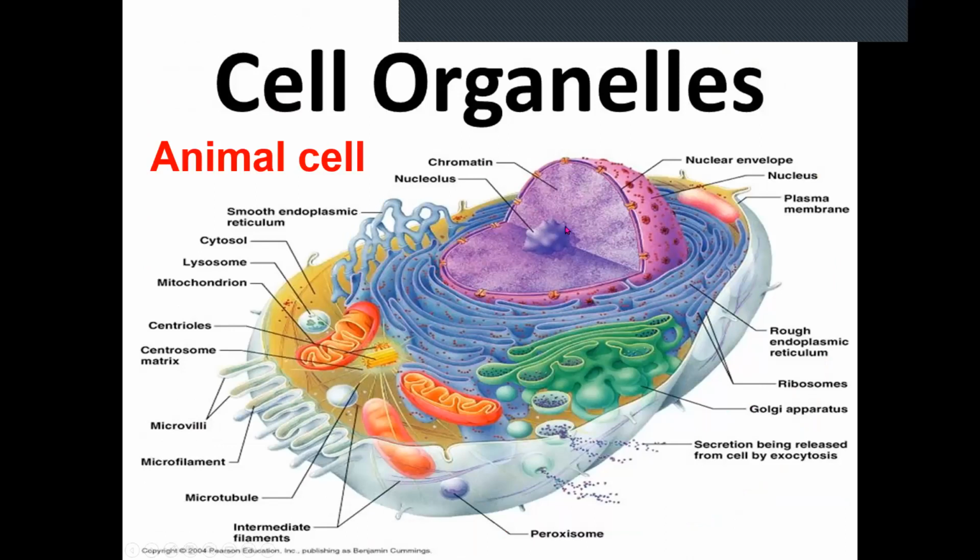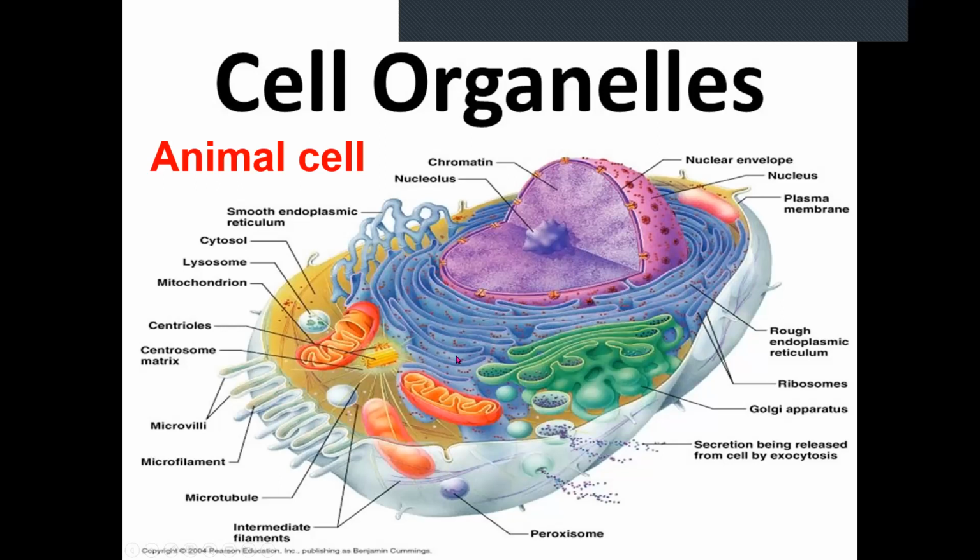Now, if you go from the center out, you've got the nucleus and the nucleolus, and that is where the RNA is basically stored when required. There are nuclear pores where the messenger RNA comes out to the endoplasmic reticulum.